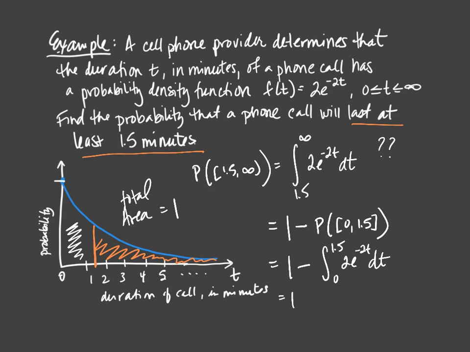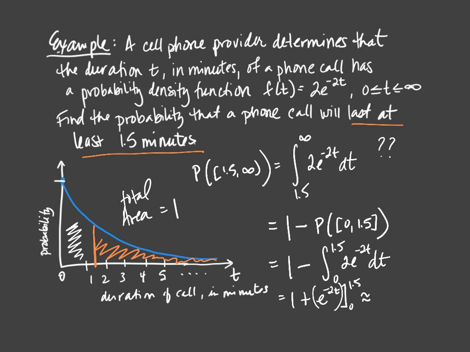And doing our computation as before, we know that this is going to be 2 divided by negative 2, so this is actually going to be plus e to the negative 2t. And then I have to compute from 0 to 1.5 on just this part. Right? And if we do that, we can come up with a probability.